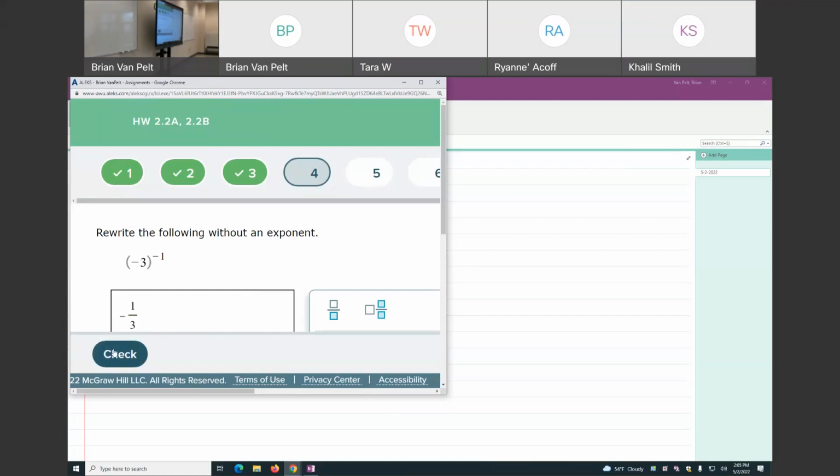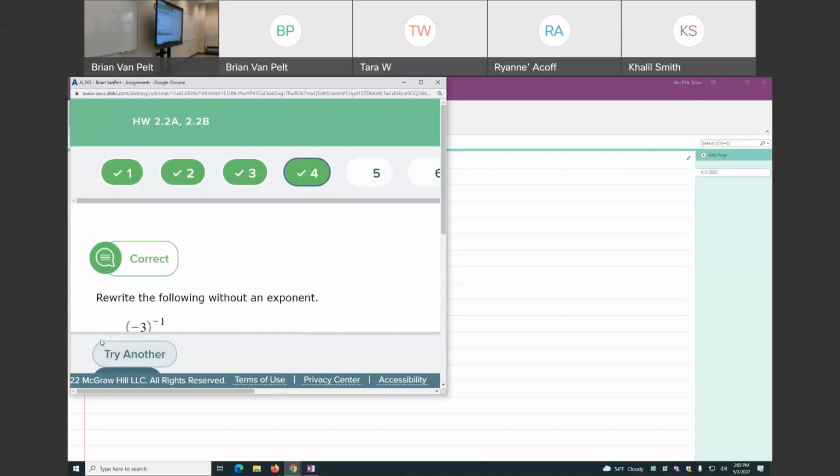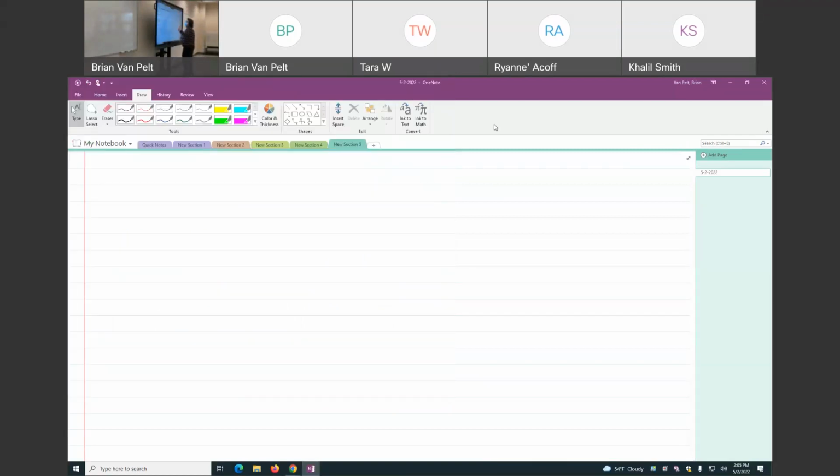Very good. Remember that -1, which was -3 to the -1 power, will equal 1 over -3. And that negative you can put anywhere. Most books will put it right immediately in front of the fraction, like so. Which is fine with me. You can put it up top, bottom, whatever. Just not behind it.